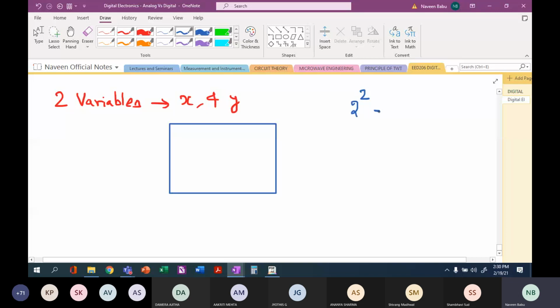What is 2 power 2? 2 power 2 is 4, which means that 4 input combinations are possible. So this matrix square will be divided into 4 different squares, and each square here will represent a minterm.